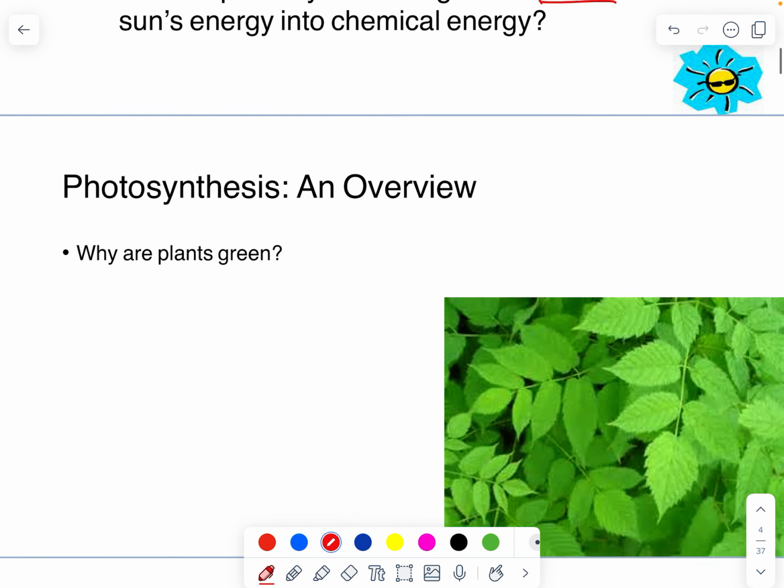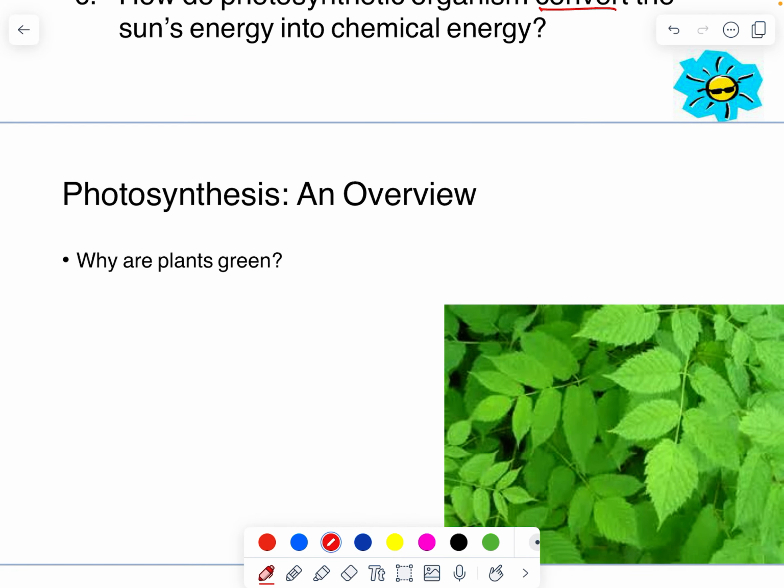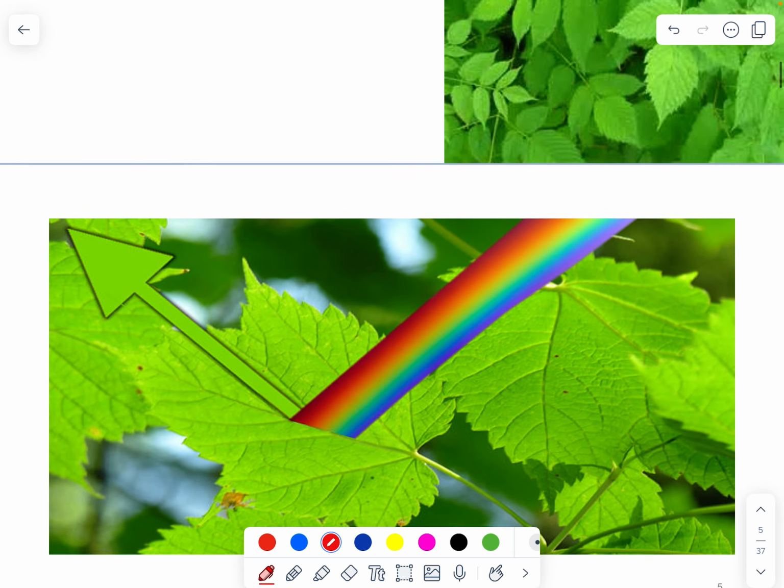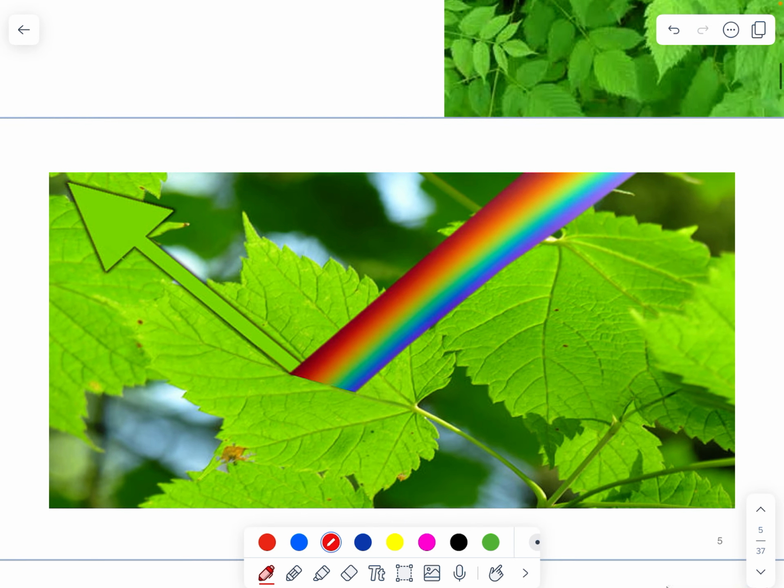And so first off, why are plants green? Well, it's pretty cool to think about this, but plants absorb, in the visible light spectrum right here, of course, most plants, the red, Roy G. Biv, right? The red part and the bluish purple part, they absorb it.